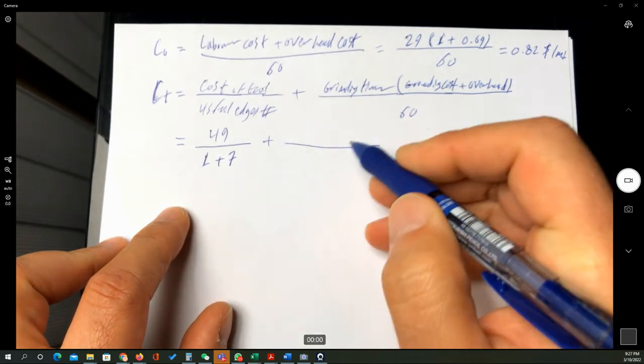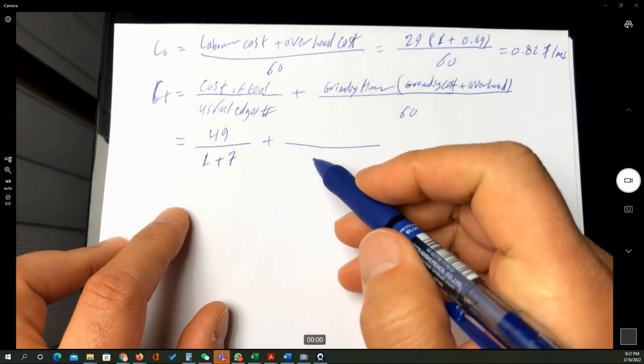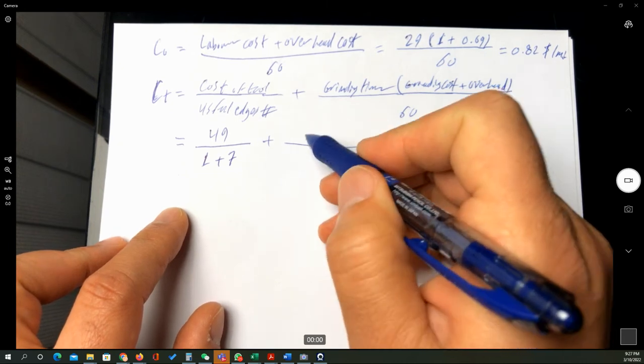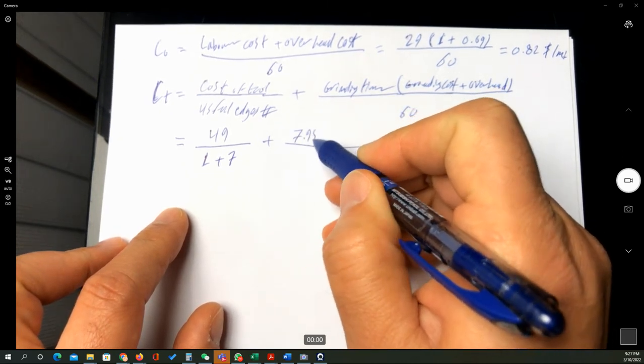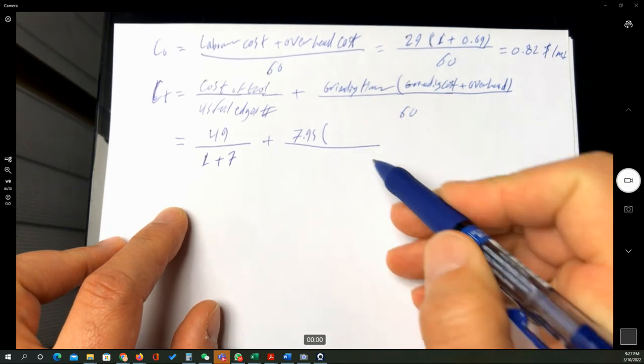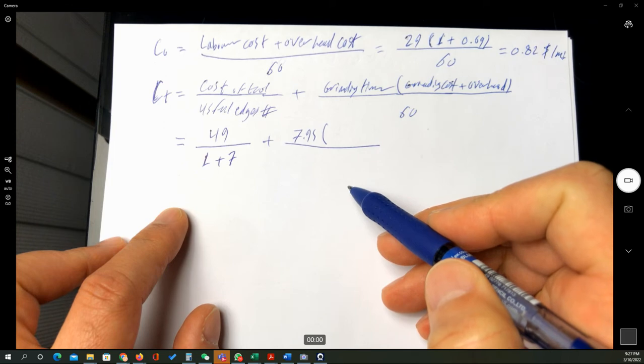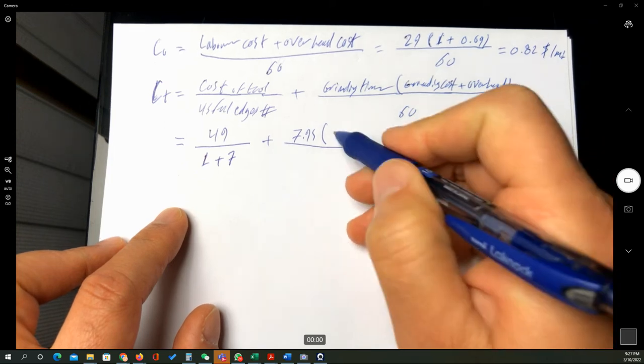Plus, the grinding time was given as 7.95 minutes, multiplied by the grinding cost, which was $34.